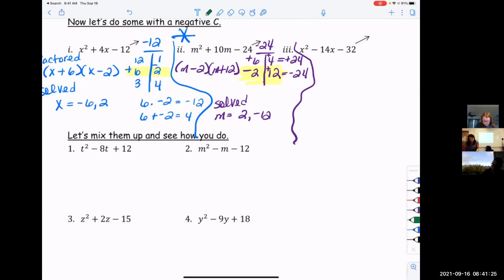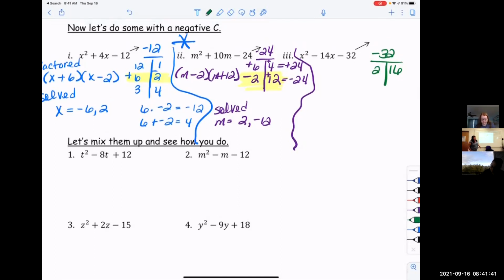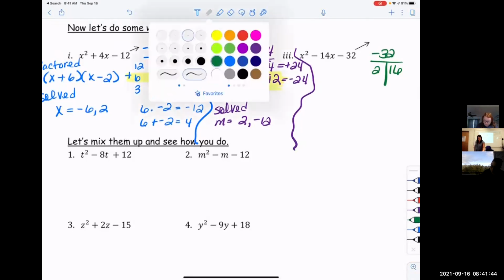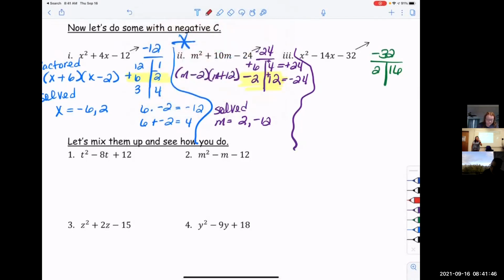Have you got it? What were your factors of 32 that you used? 2 and 16. Sometimes that's the slowest part, is trying to find the factors. The bigger the numbers get, the longer it takes. And sometimes that can be a pain. All right, if I want a negative 14, what signs do they need to have? Remember, they need to be opposite if you're going to subtract.